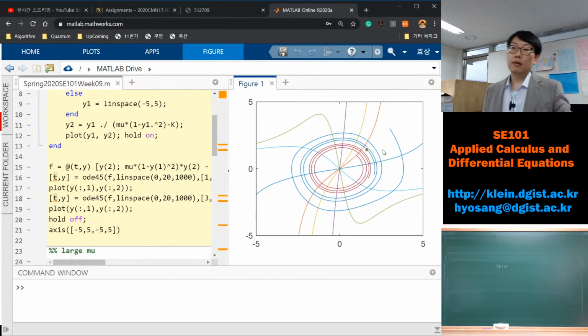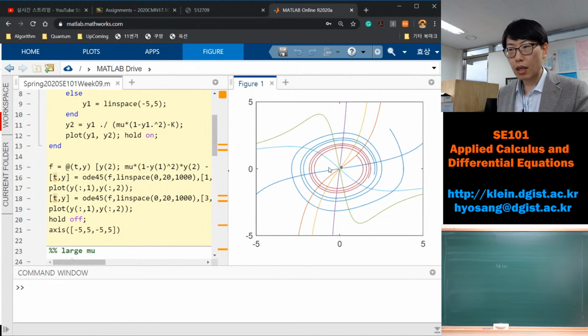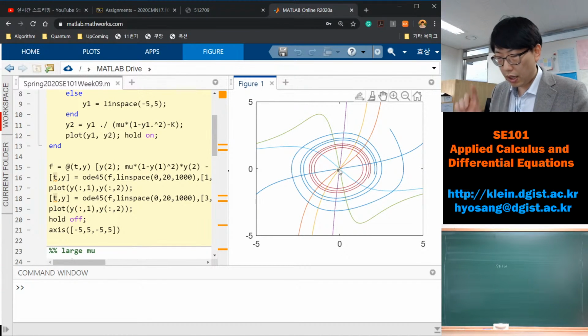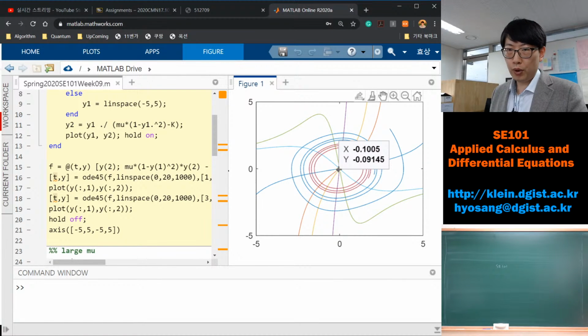So first of all, there is a diverging curve from 0, 0. Again, 0, 0 is the stable point. If y1 and y2 are both 0, it's a stable solution, an equilibrium solution. And then it diverges from 0, 0.